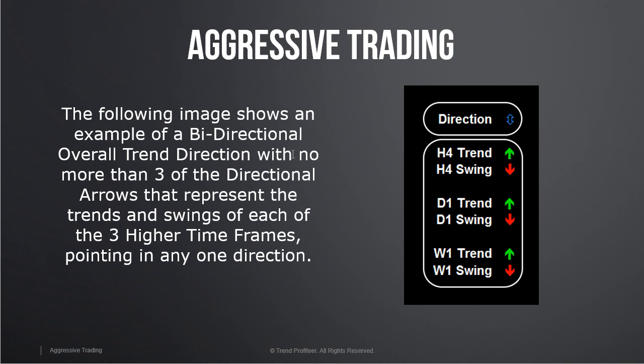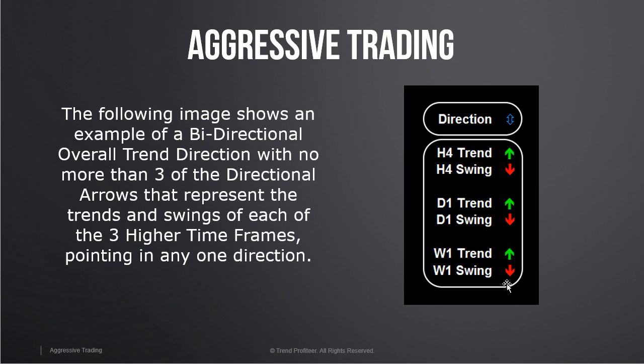The image shows an example of a bidirectional overall trend direction with no more than 3 of the directional arrows that represent the trends and swings of each of the 3 higher time frames pointing in any one direction. So we've got 1, 2, 3 pointing up and 1, 2, 3 pointing down.